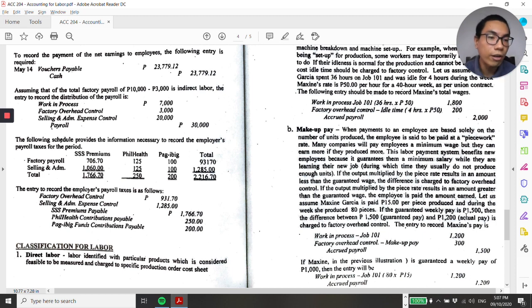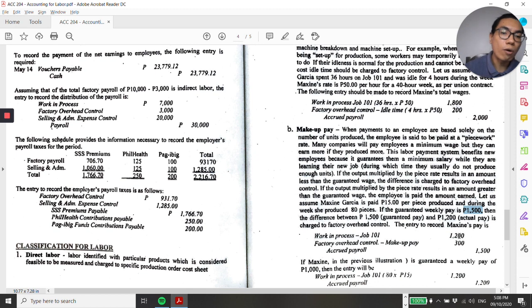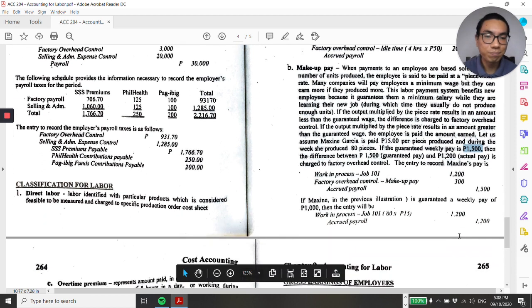For this particular problem, sinabi pala yung weekly pay niya na 1.5. So, if 1.5 yung weekly pay niya, yung magiging variance natin doon or yung difference for the amount na directly charge natin to the work in process account versus the weekly payout, that would be charged to our factory overhead control account. Or the make-up pay natin.